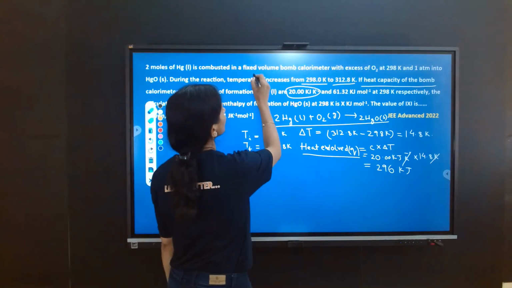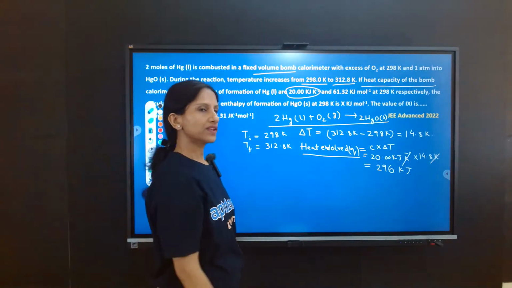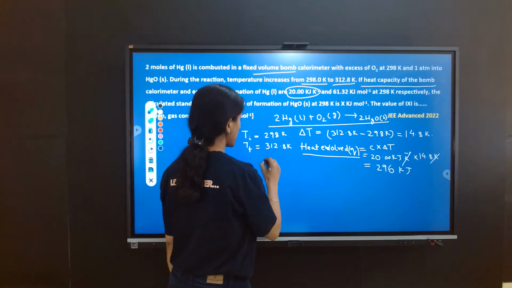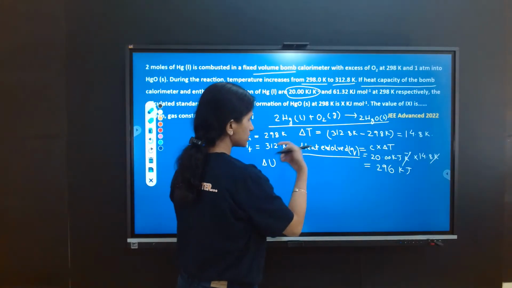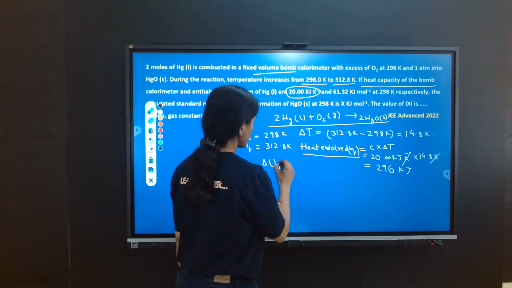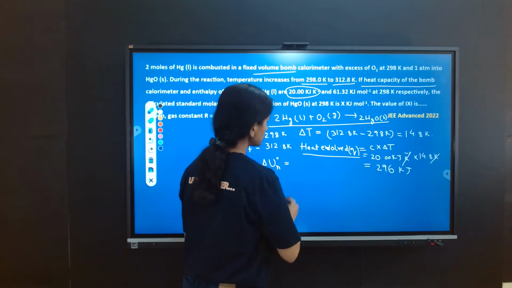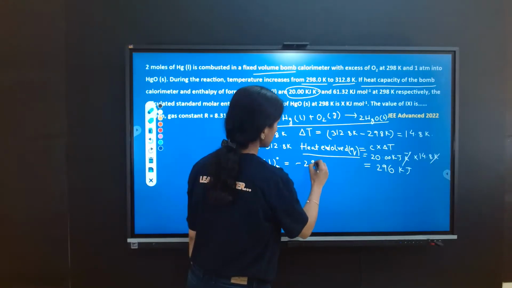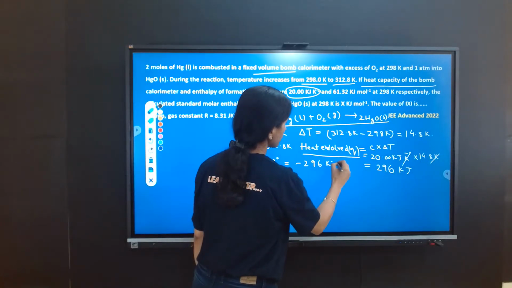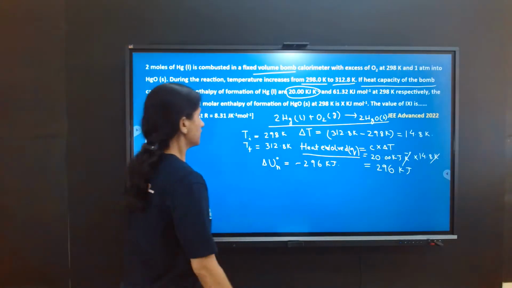As the volume is fixed for this reaction, what can we write? That the internal energy change, which is the heat of reaction, is minus 296 kilojoule because your volume is fixed.